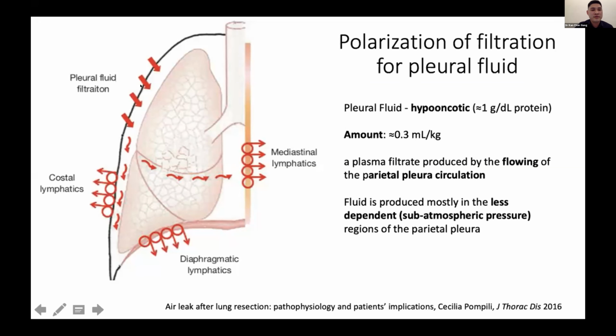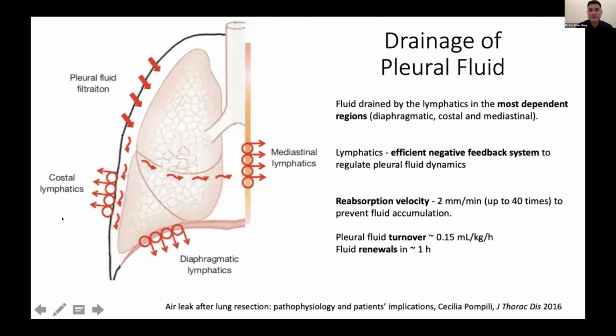So once the pleural fluid is produced, it flows down into the dependent area, and that is where the drainage occurs. As I mentioned, the fluid is drained by the lymphatics in the most dependent regions, which are the lower part of the costal lymphatics, the diaphragmatic lymphatics, and the mediastinal lymphatics. Now, this lymphatic system is a very efficient negative feedback mechanism, and it helps to regulate the pleural fluid dynamics.